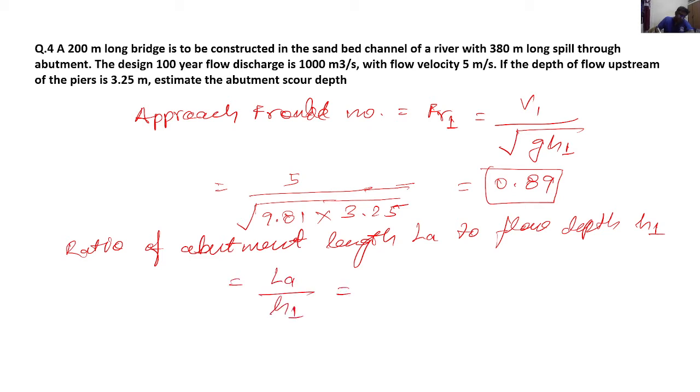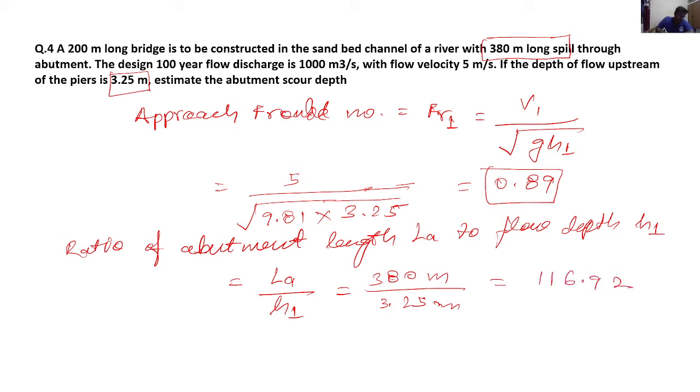LA by H1 will be, so the length is 380 meter long span, so it will be 380 meter by h1, which we have found to be 3.25 meters, which comes out to be 116.92, the ratio.